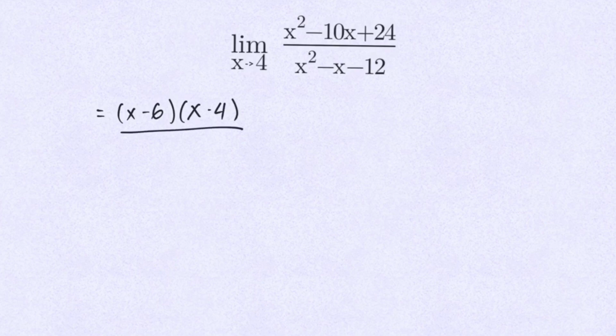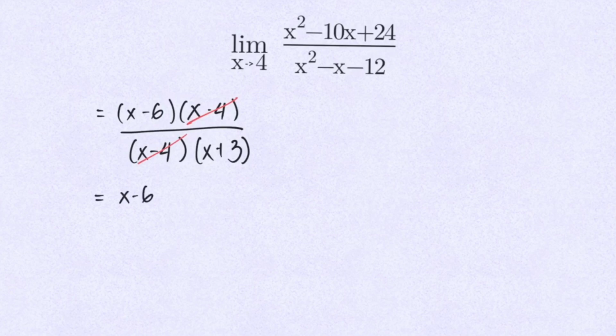And the factors of the denominator are x minus 4 and x plus 3. Step 2, cancel out x minus 4 and x minus 4. And now, x minus 6 over x plus 3 is the answer.